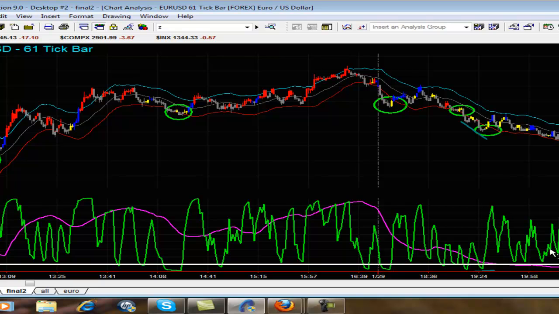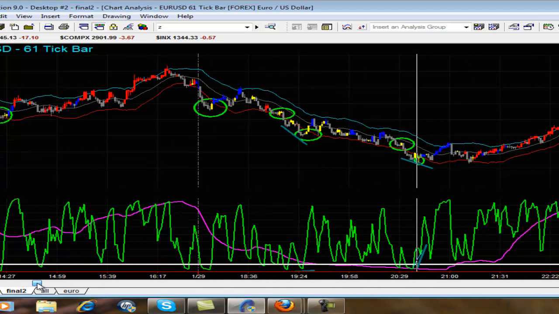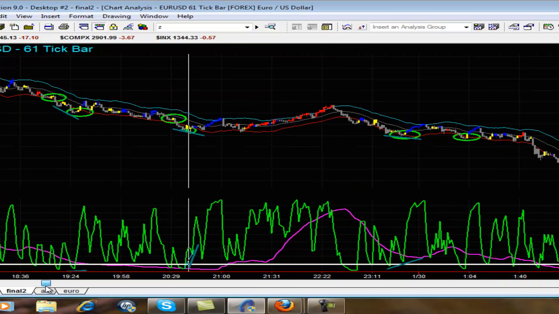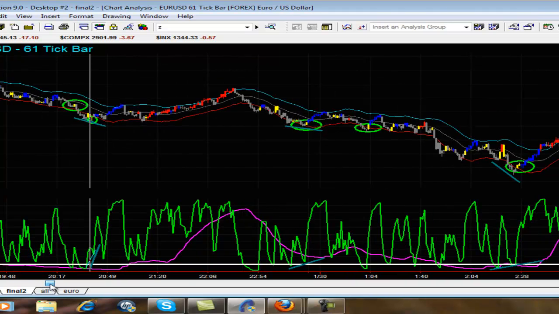Here's another area. Let's look at what we have on the screen here, about in this area.